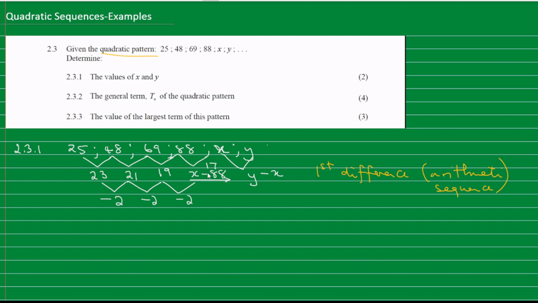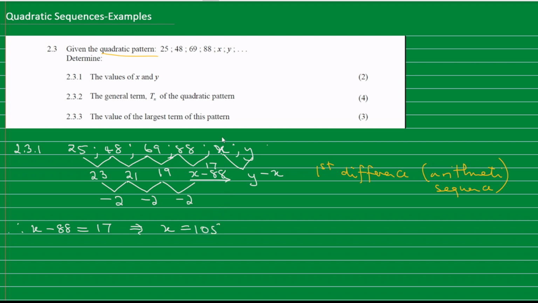There are different ways in which you can work that one out. So you can say, therefore, my x minus 88, this difference here, should be 17. When you simplify that, x will be equal to 105.